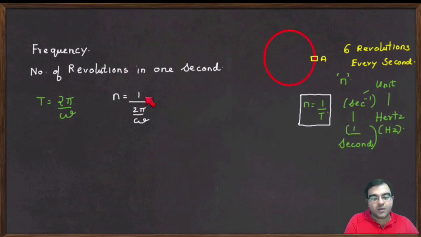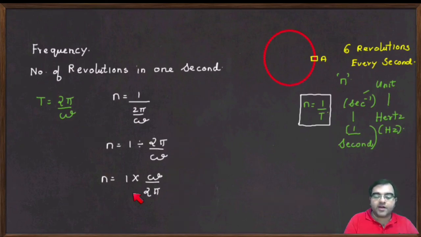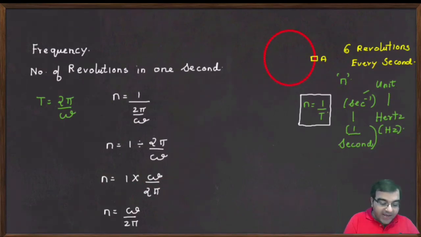So I write n is equal to 1 upon 2 pi upon omega. Now this basically means division. So I write 1 divided by 2 pi upon omega. And I know division gets converted into multiplication if I take the reciprocal. So if I take the reciprocal, it becomes 1 into omega upon 2 pi. So n is equal to omega upon 2 pi is another formula I have.